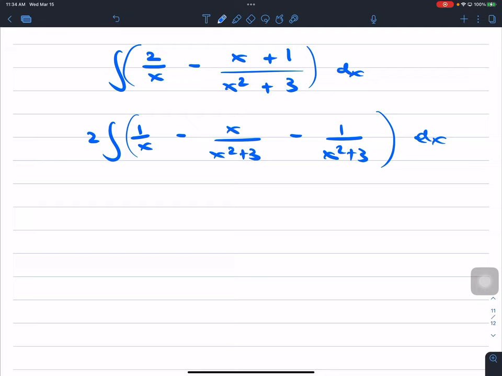And that's not right. Let me do this here. That's not right. There's a dx. Dx, integral dx.